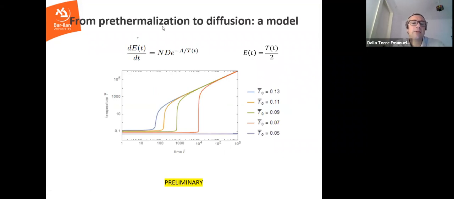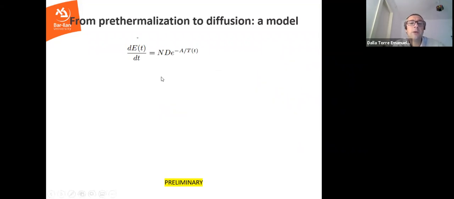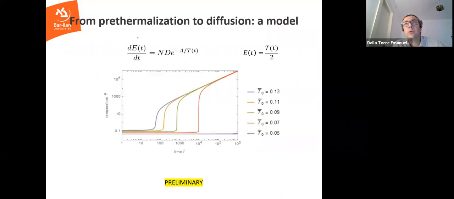Let me skip this part. This part is telling you that we can now develop not only a way to evaluate the energy absorption in the prethermal state, but a method that describes the transition from the prethermal regime towards the diffusive regime.